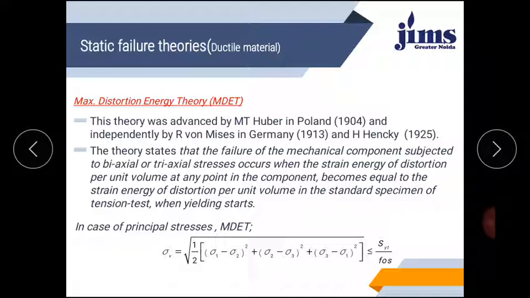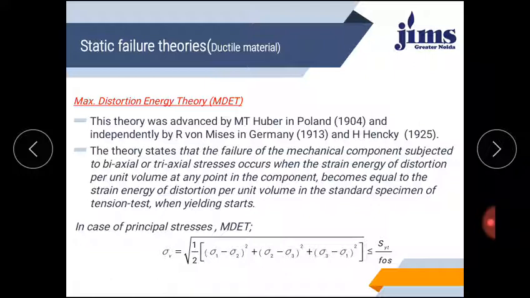Let's see another theory of failure for ductile material, which is very widely used, maximum distortion energy theory, MDET in short form. This theory was advanced by M.T. Huber in Poland in 1904, and independently by R. von Mises in 1913 and H. Hencky in 1925.